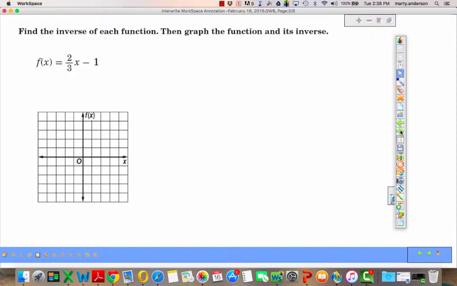The first thing we need to talk about is what does it mean to be an inverse? An inverse of a relation is a set of ordered pairs. The inverse comes when you exchange all of the x coordinates and y coordinates.